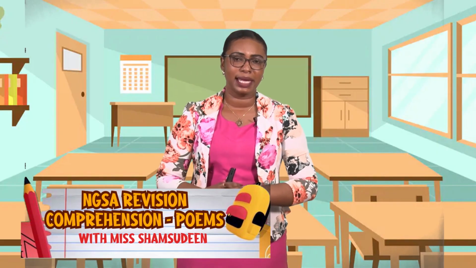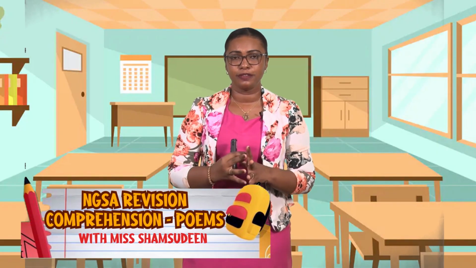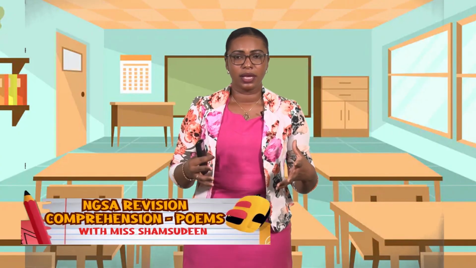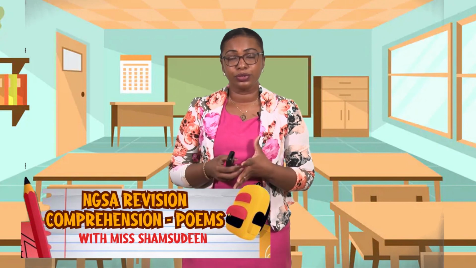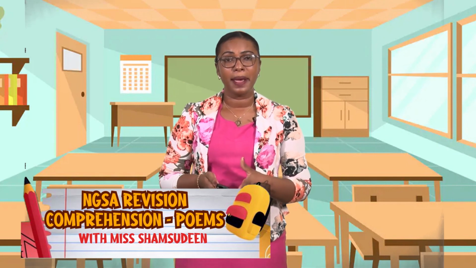Well, my pupils, I really hope that you enjoyed the poem that we examined today and you were paying careful attention to the questions and how they might be formed based on a poem. Now, it is important for you to remember that a poem may come in your paper 1 as the stimulus for the comprehension section.